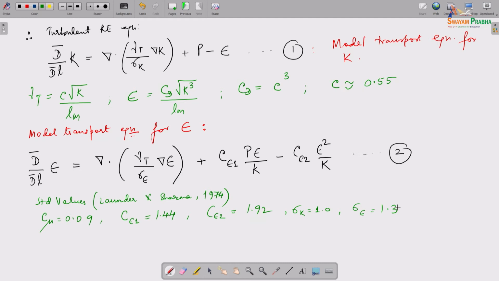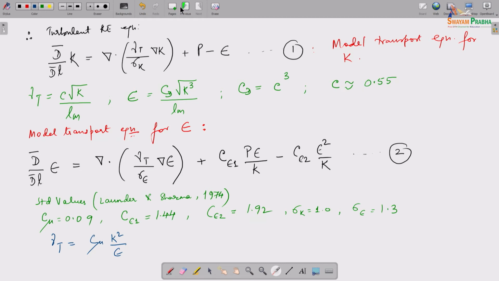So, the turbulent viscosity is now modeled as, okay, diffusion, right, where this C mu is 0.09, right.